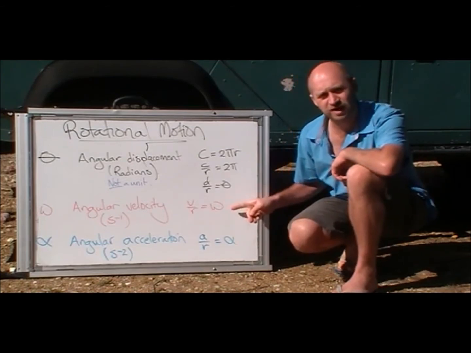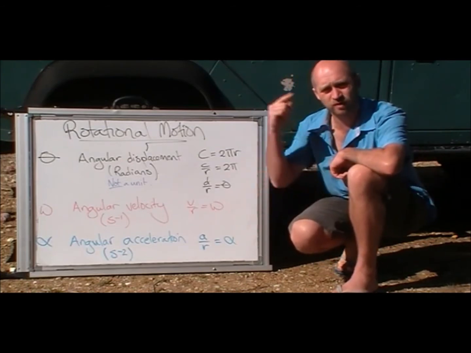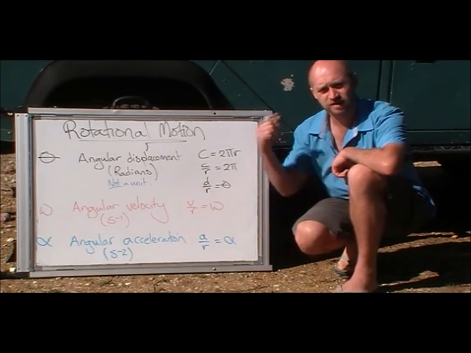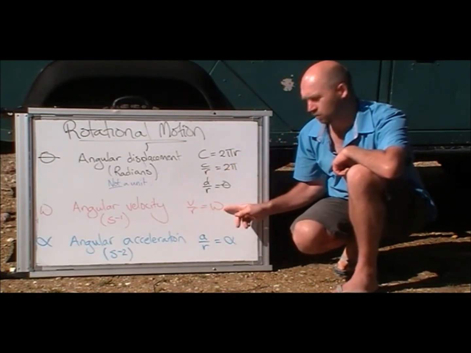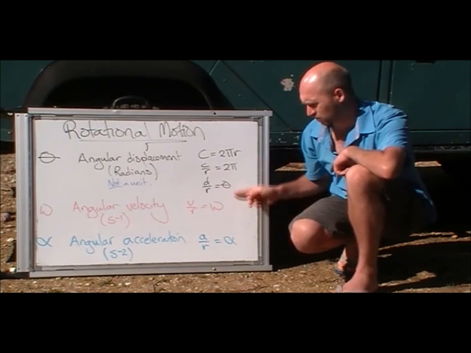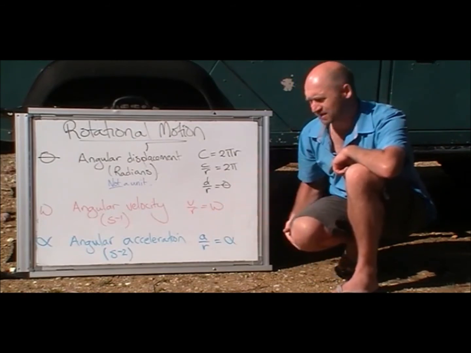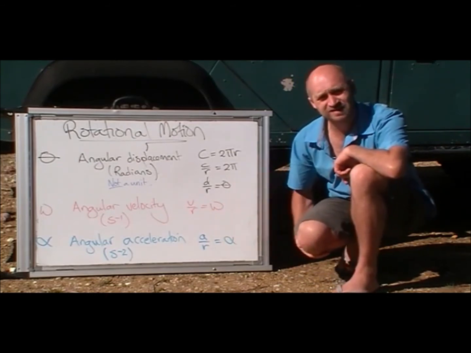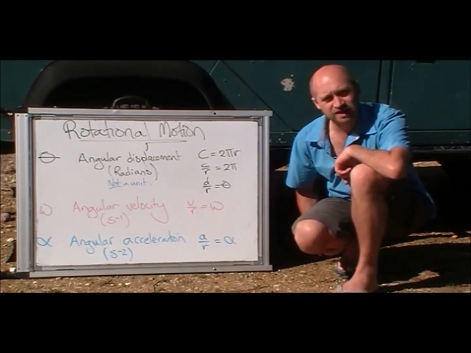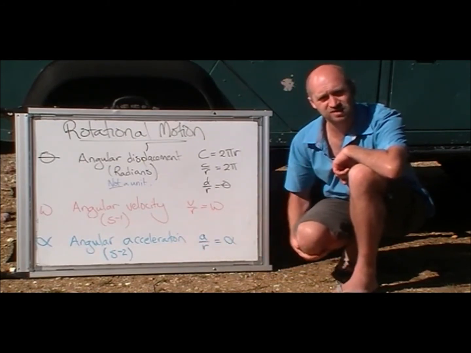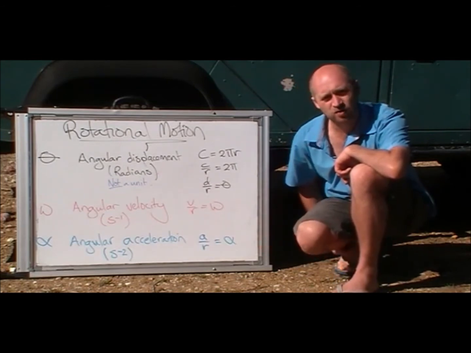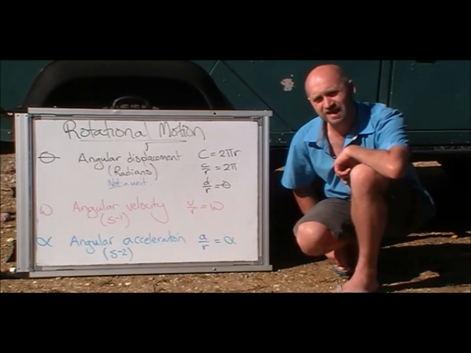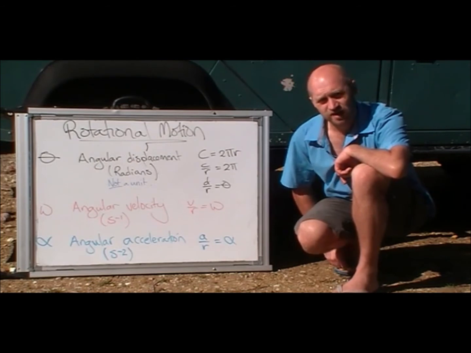And if we want to connect the speed of a point on our rotating object with the rate of rotation, v over r equals omega. These equations are on your formula sheet. And finally, angular acceleration, we can see that it's measured in per second squared, same argument as before, and a very similar equation to link our angular acceleration with our linear acceleration.